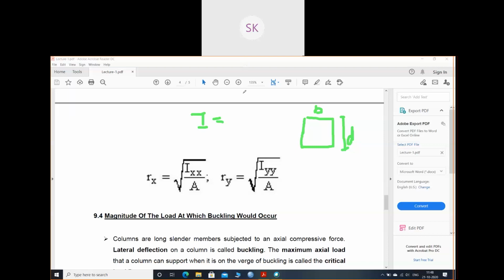What will be the I value for this rectangular beam? Recall the moment of inertia from your engineering mechanics chapter.